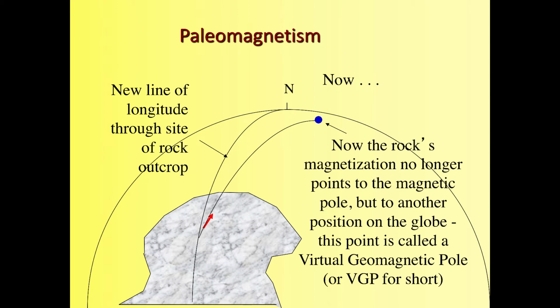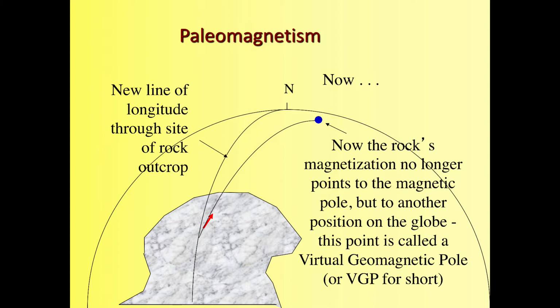That different place is, and I don't want to anthropomorphize too much here, but it's where the rock thinks north is. The rock is misled because the continent it's embedded in has moved, but the place it's pointing to is no longer the true North Pole. It's a different position represented by the blue dot.